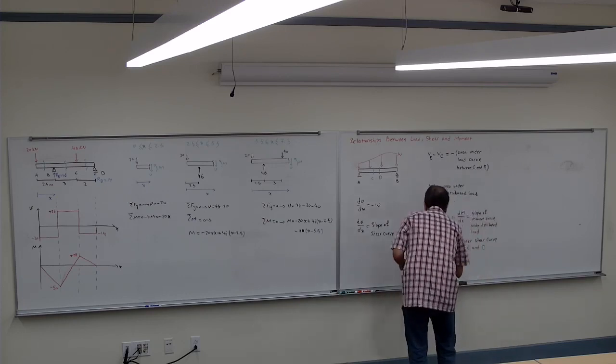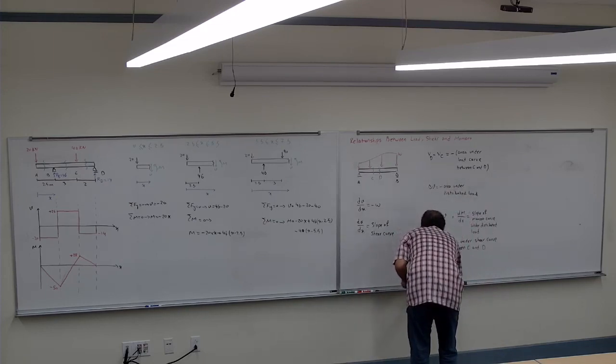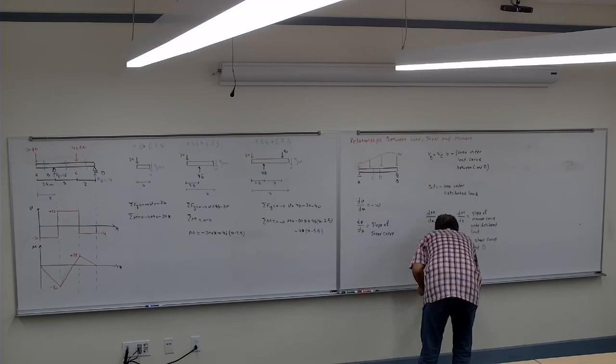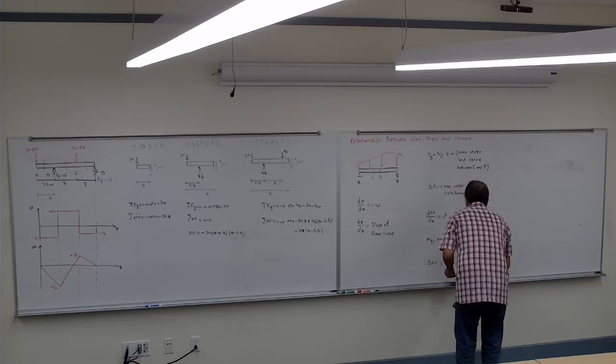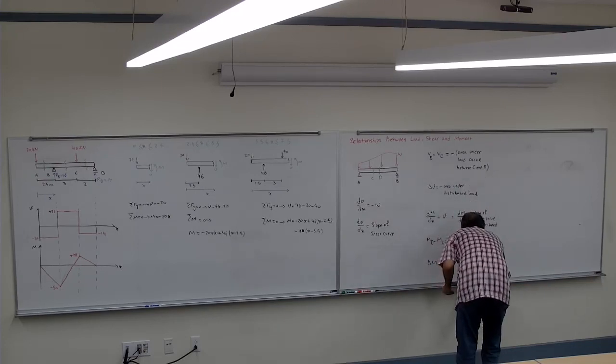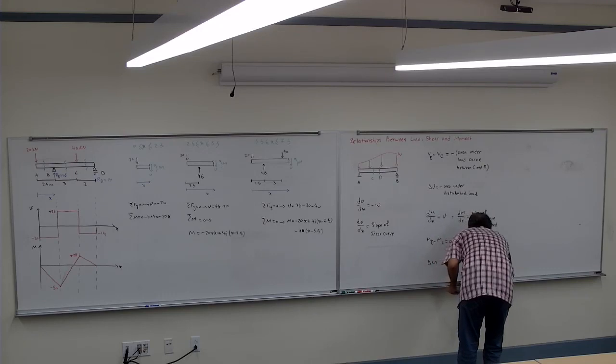So then I can write that the delta M is the area under the shear curve.